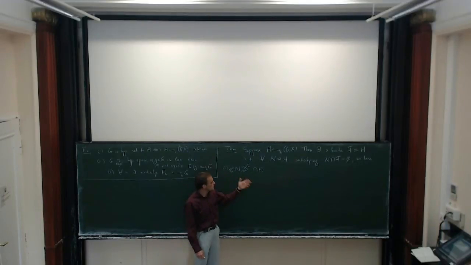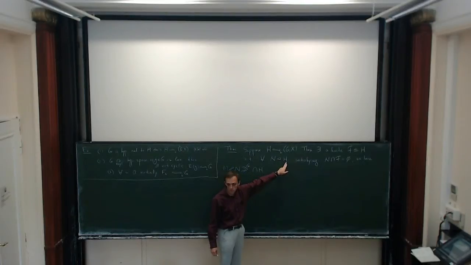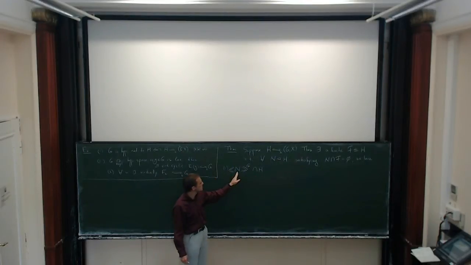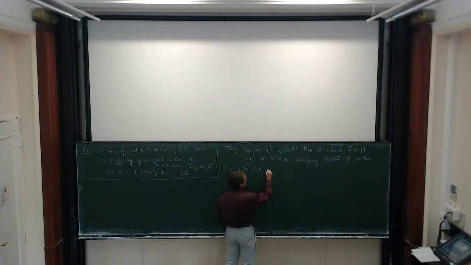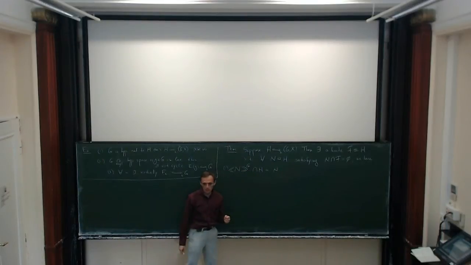There are plenty of normal subgroups in H, but for every such normal subgroup, when you take the normal closure in the whole group, because G is simple, you get everything. It's the whole G, so the intersection is the whole H. So in this situation, when H is hyperbolically embedded, it turns out that the intersection is the minimal possible. And of course, minimal possible is N.